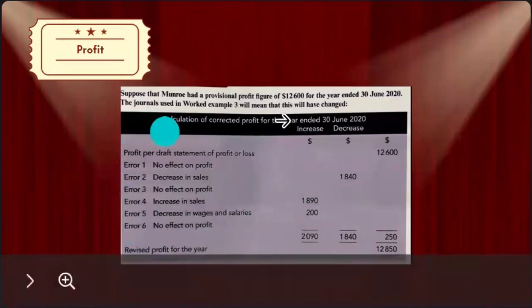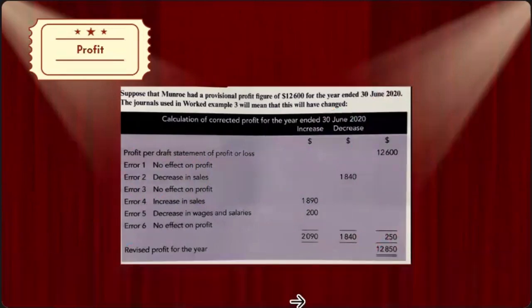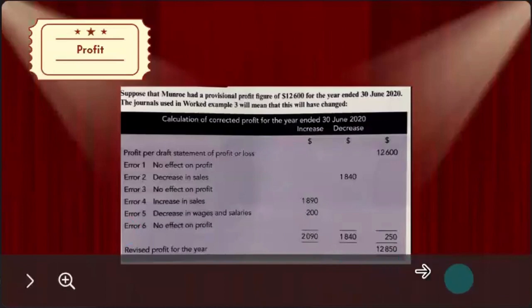We also start off the correction of profit with the draft statement of profit or loss of $12,600. And here we have a revised profit of the year.